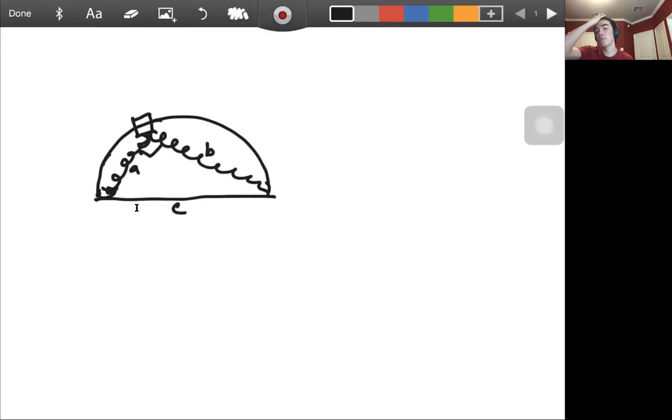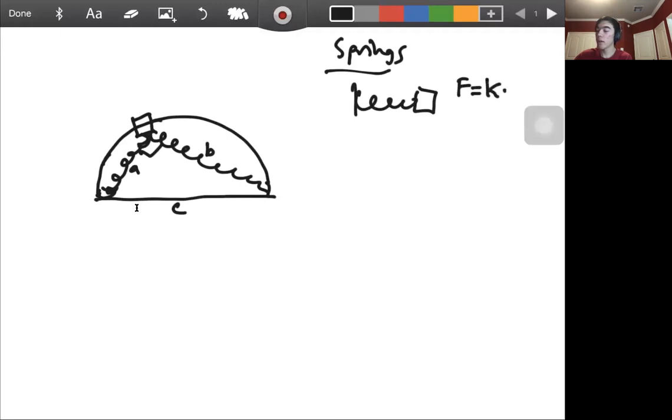So how are we going to show that the Pythagorean theorem is true? Well, I kind of have to explain some stuff about springs before I do this. Sorry, my bad. If you have a spring pushing on an object, the force is a constant K times the change in distance.